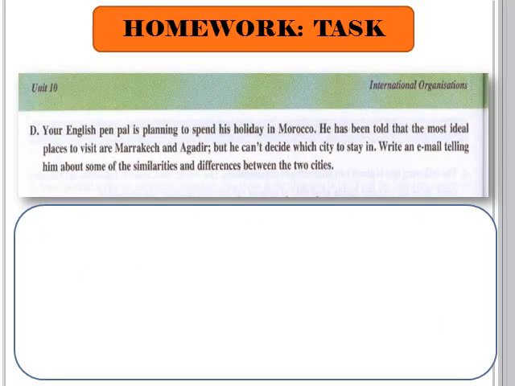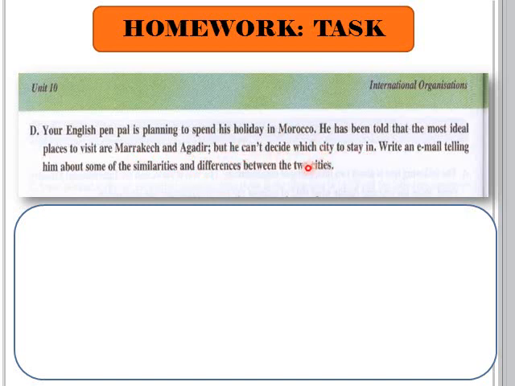The task: what do you have to do? So your pen pal, your English pen pal, as we said always pay attention to it. A pen pal is a virtual friend online, is planning to spend his holiday in Morocco. He has been told that the most ideal places to visit are Marrakesh and Agadir, but he can't decide which city to stay in.